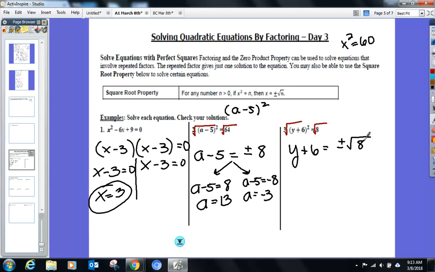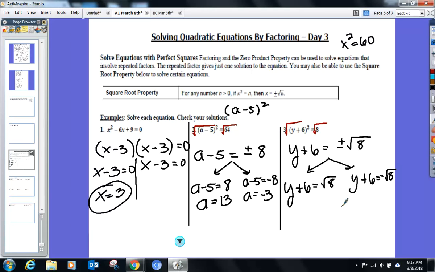How many answers should I have here? What's the highest exponent? 2. I'm hopefully not freaking you out yet. Y plus 6 equals positive radical 8, and y plus 6 equals negative radical 8. Not negative 8. Make sure that negative's on the outside. How do I move the 6 over?